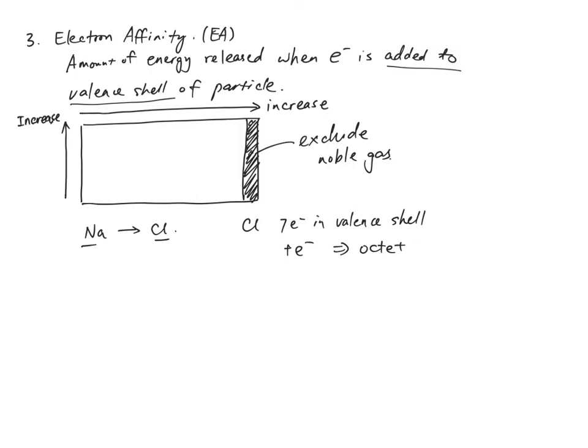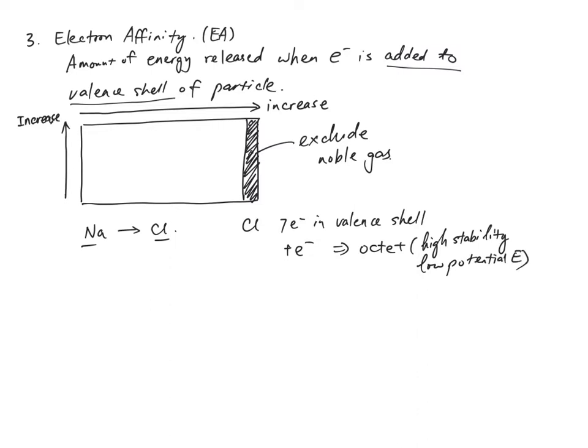Now, why do they love octet? Simple. Octet is stable. And what do you mean by an octet structure being stable? Lowest energy. This is high stability, low potential energy.